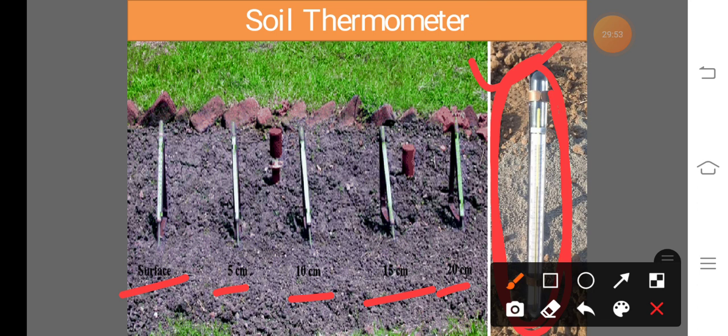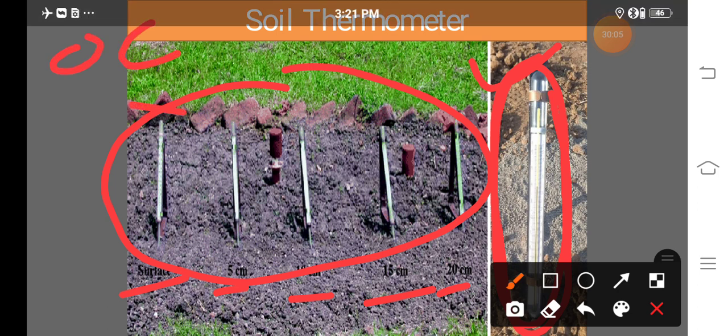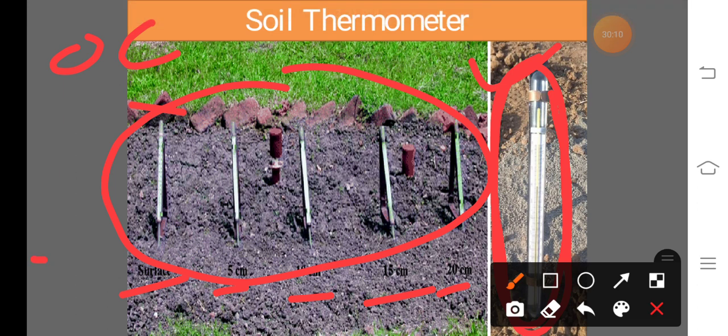These soil thermometers are installed. This soil thermometer also contains mercury, and the unit of this soil thermometer is degree Celsius. The time of observation is 7 am and 2 pm, or sometimes an additional 5:30 pm.